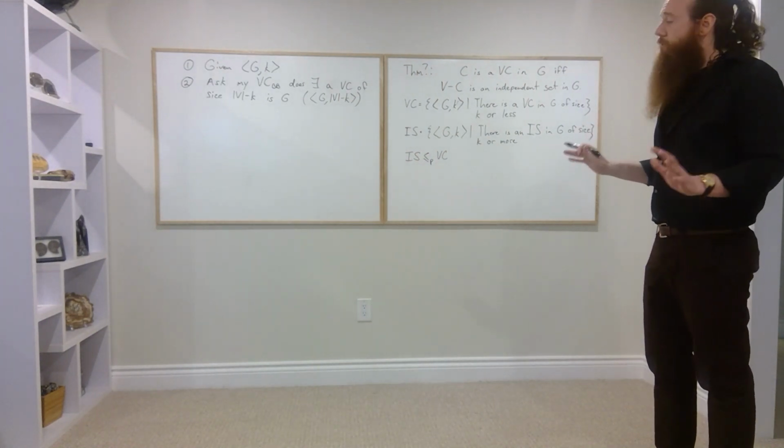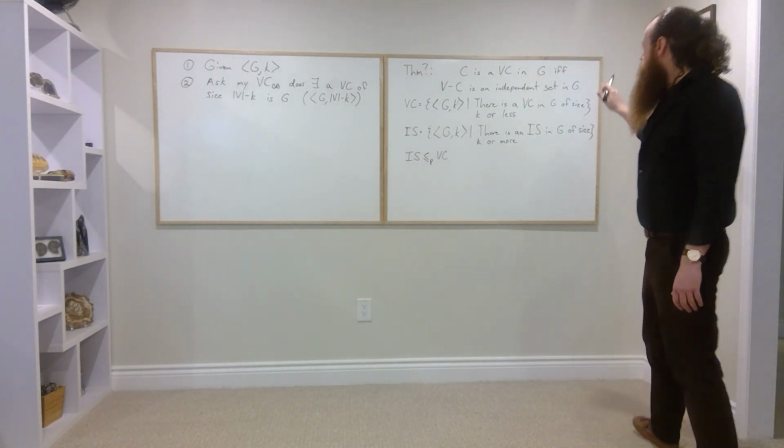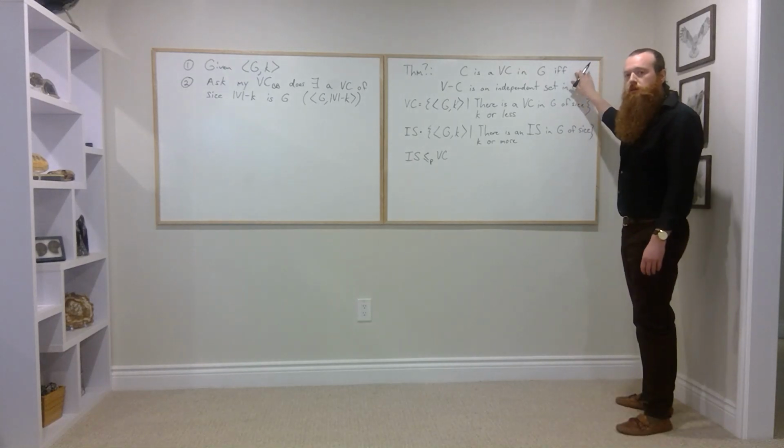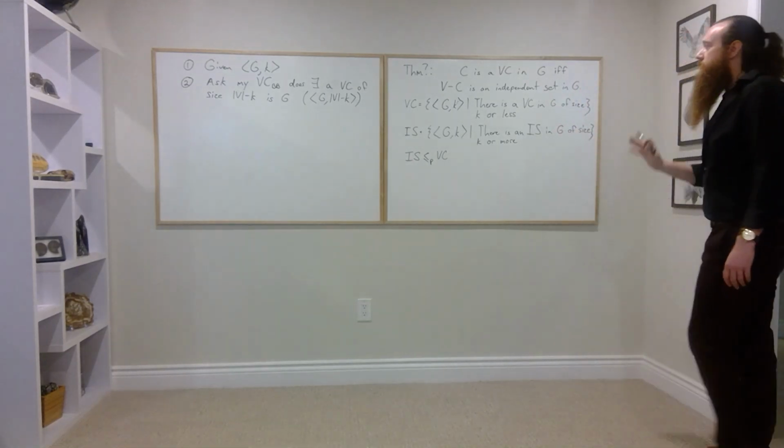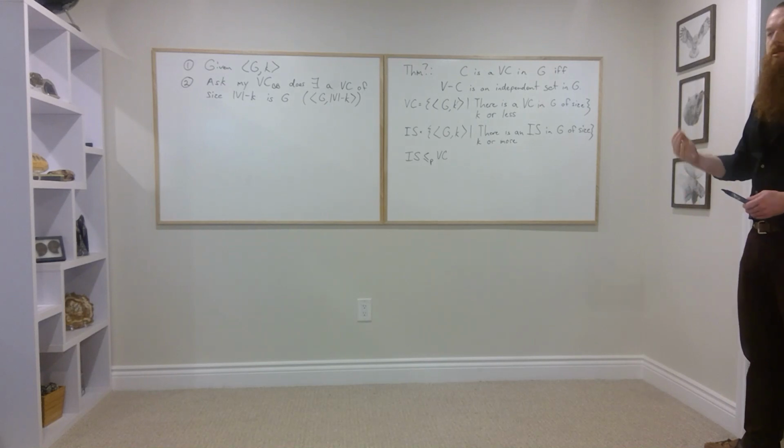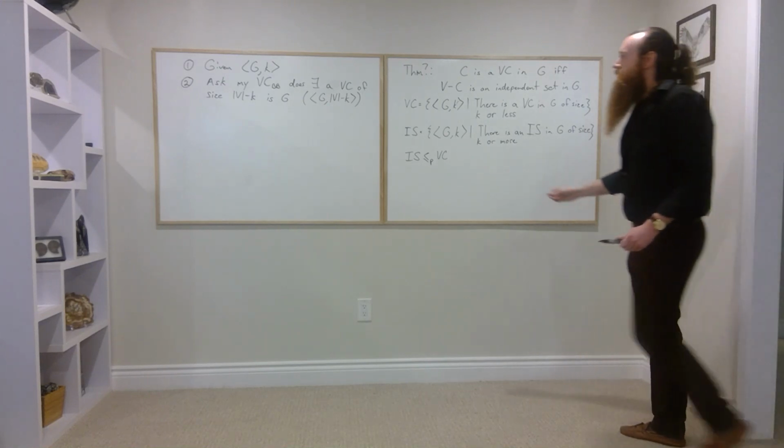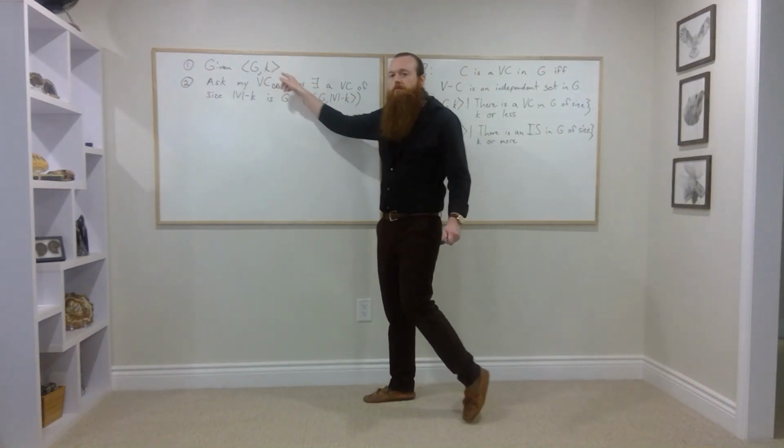Well, I'm not sure if that works or not yet, but assuming this theorem is true, it should be relatively clear that that does work. Because remember, I'm wondering, does there exist an independent set of size K?